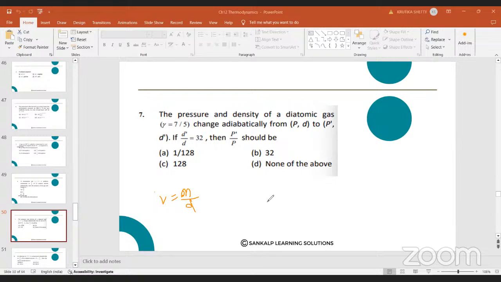So therefore what we can do here is, that is, P dash by P is equal to, it is, yes, 128 is the correct answer.